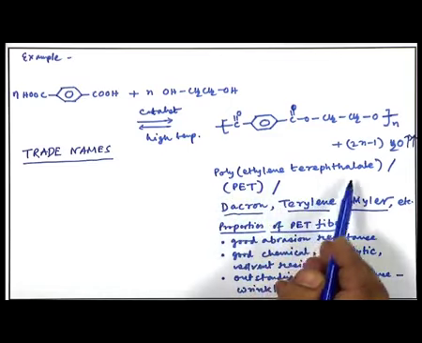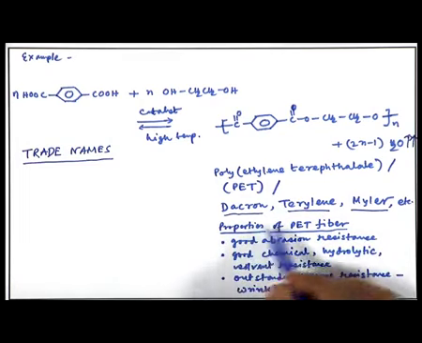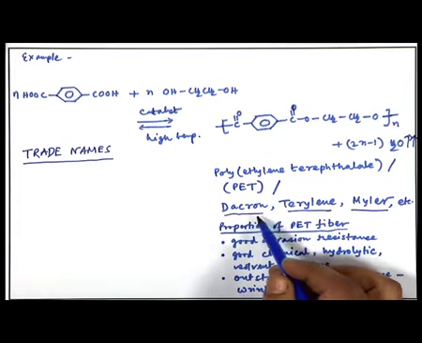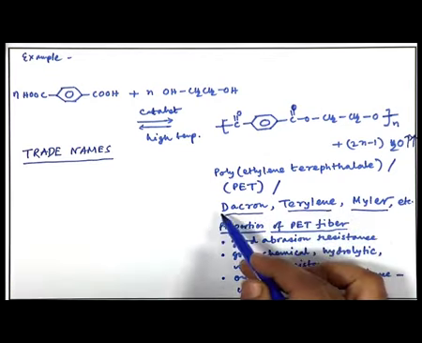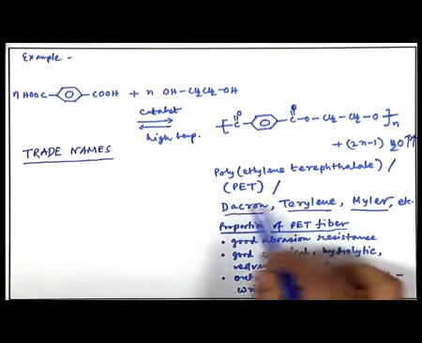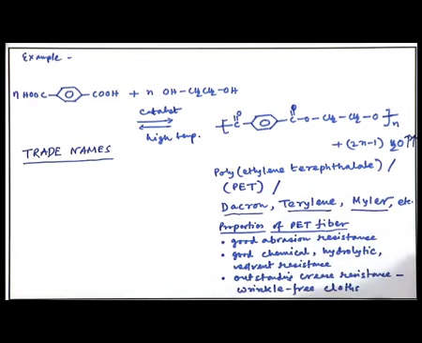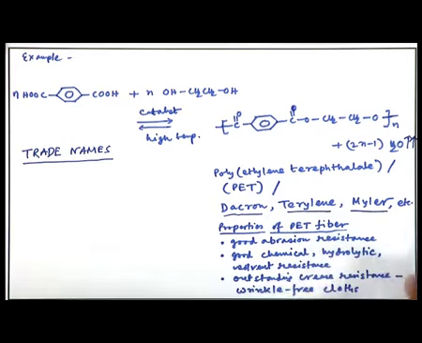Similarly, polyethylene terephthalate is the polymer, but when it is marketed as a product, different companies will have different names like Dacron, Terylene, Mylar. So, the question should not be asked based on the trade name, but on the actual scientific name.